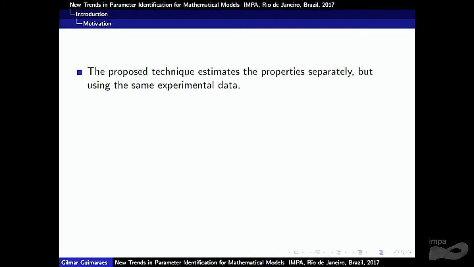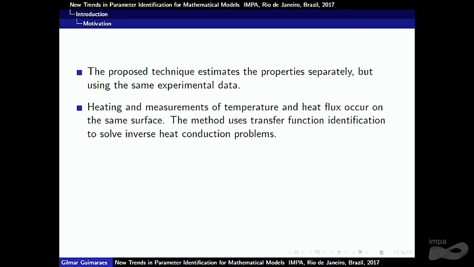So, in this case, the proposed method estimates the properties separately, but using the same experimental data. It means heating and measurements of temperature and heat flux occur on the same surface.